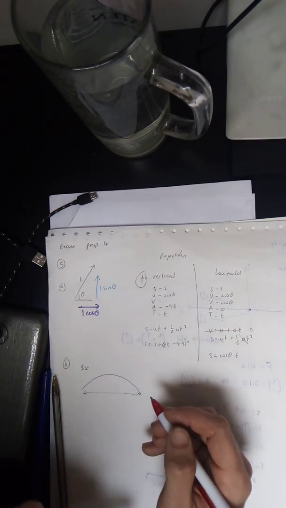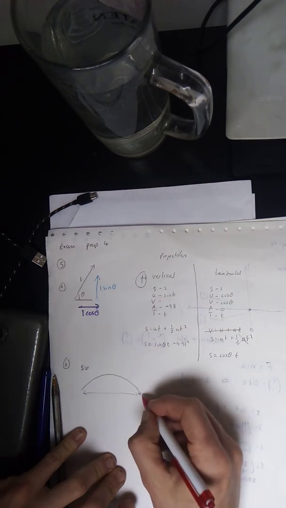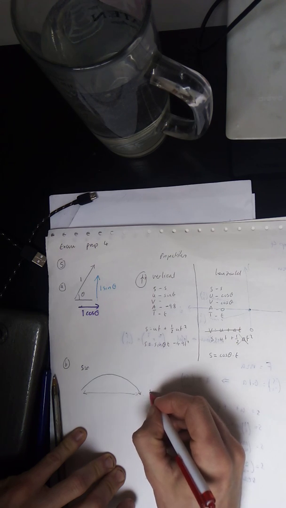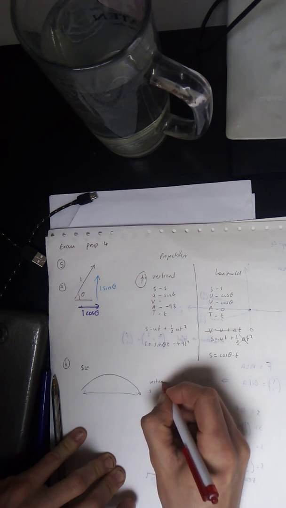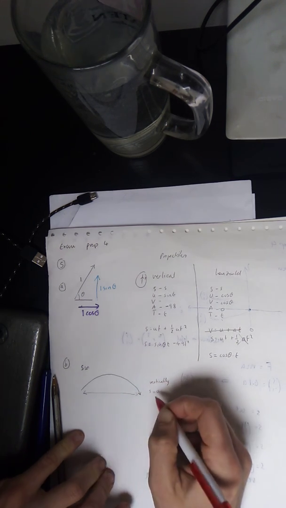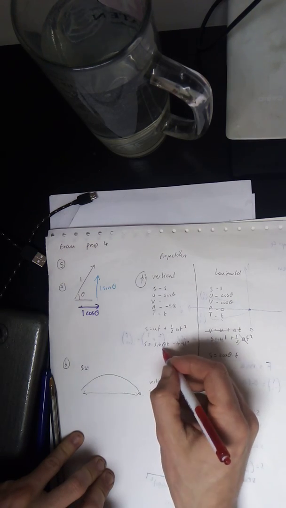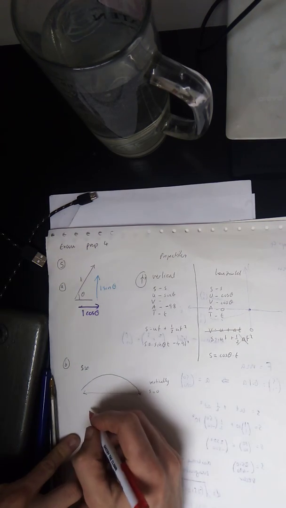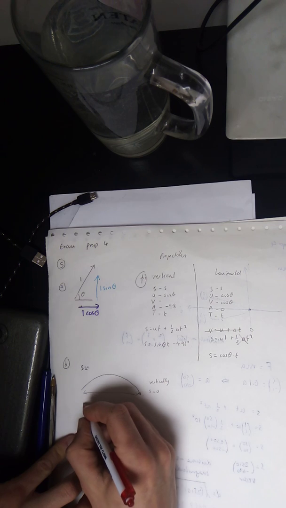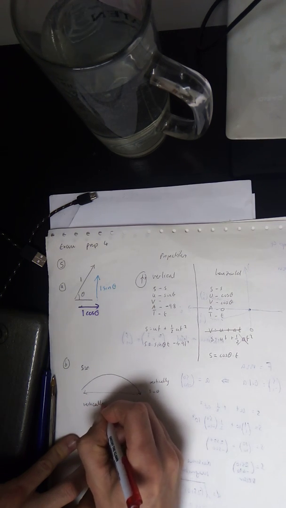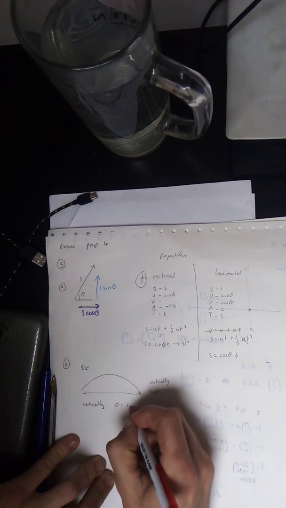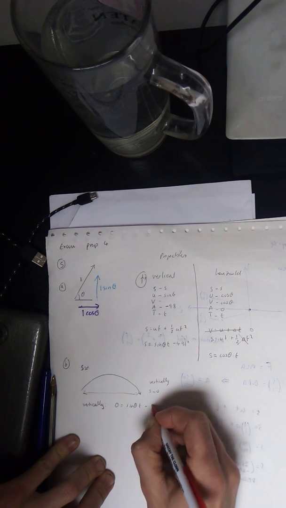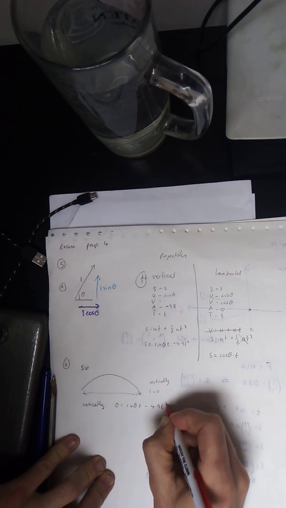It's 5 marks, that's a lot of marks. So what are we saying here? When it hits the ground, vertically S is equal to 0. So 0 is equal to sine theta t minus 4.9 t squared.